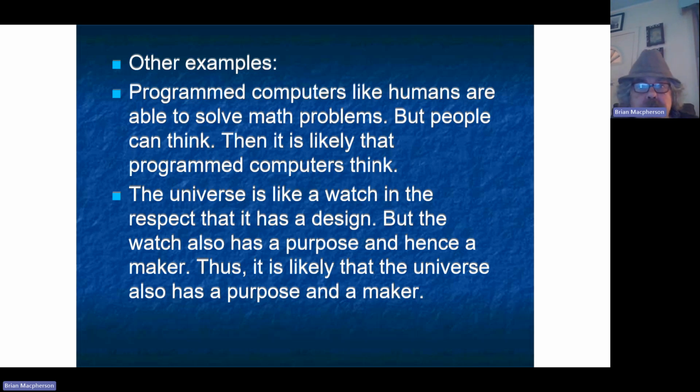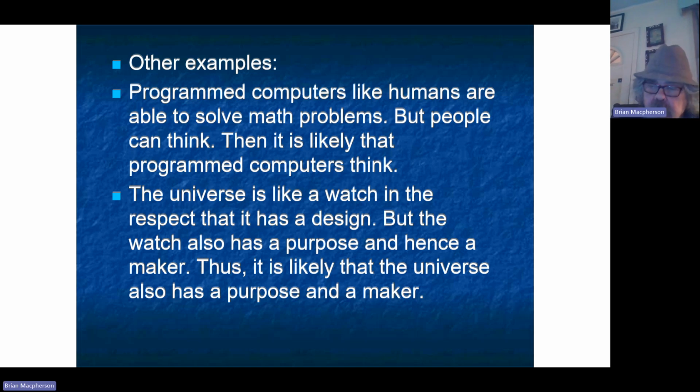Analogy number two below. The universe is like a watch in the respect that it has a design, but the watch also has a purpose and hence a maker. Thus, it is likely that the universe also has a purpose and a maker. Do you see the analogy there? So I'm likening the universe to a watch in the respect that both the universe and a watch have a design.